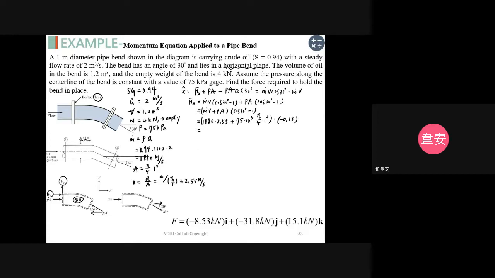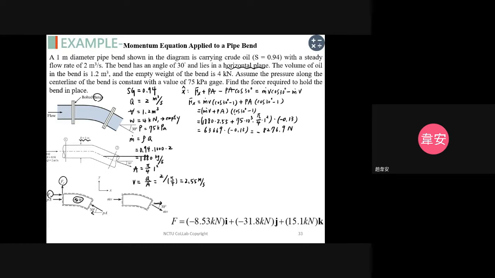So here is 63669 multiplied by minus 0.13. So it's equal to minus 8276.9, and the unit is newtons.